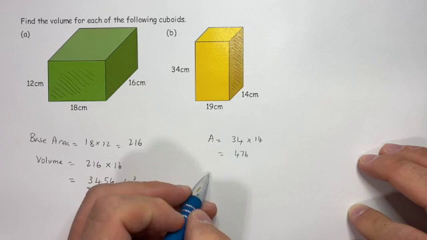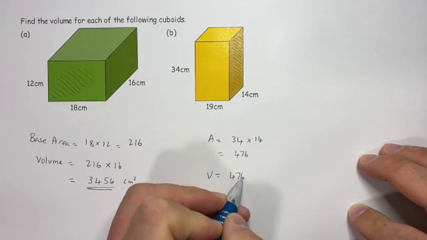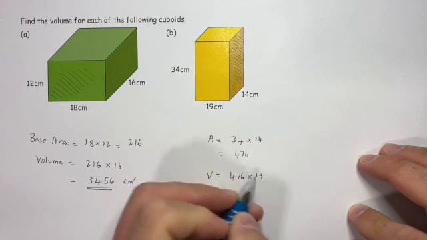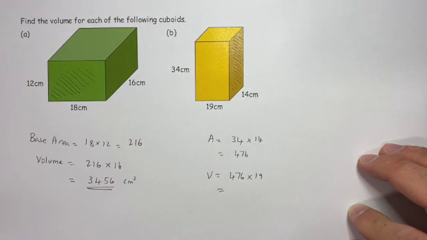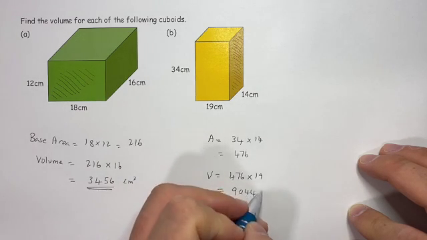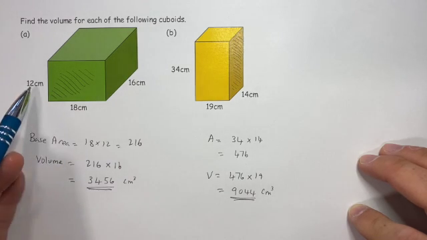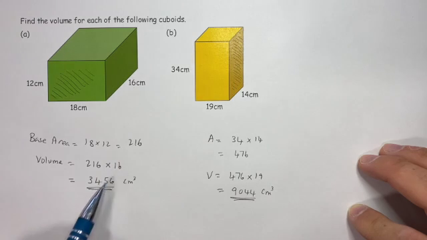So therefore the volume would equal what I've just said times by the length, which is 19. 9,044 centimetre cubes. Now this method works for all the shapes, as you'll see. However, with the cuboid, you can get away with, for simplicity, just timesing the three numbers together. But that doesn't work for the other shapes.